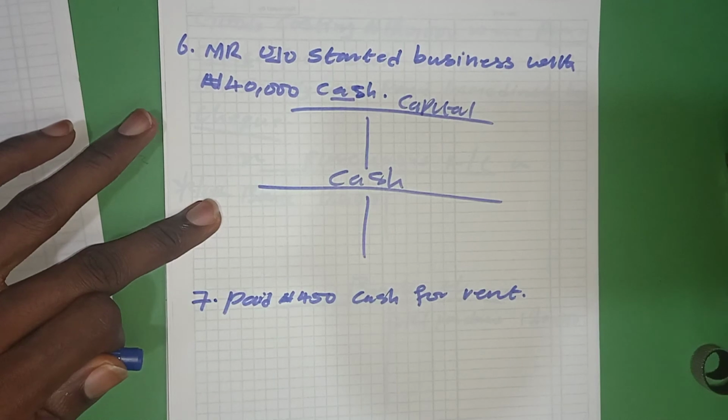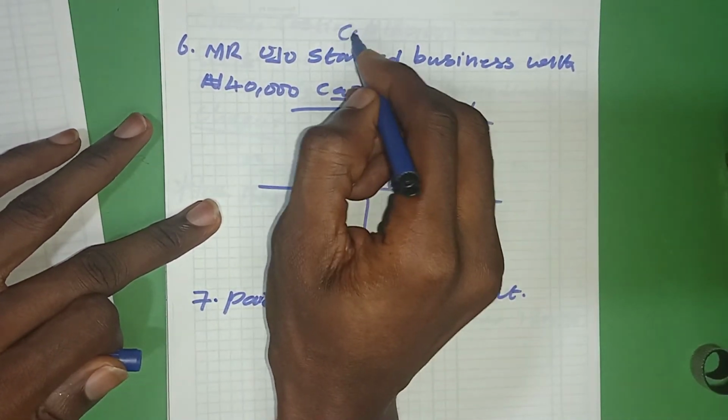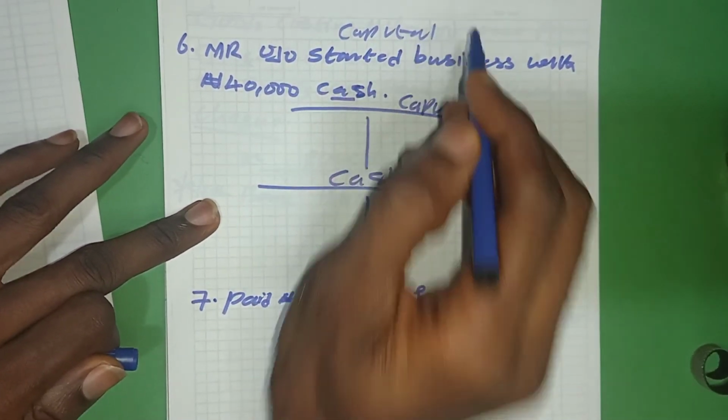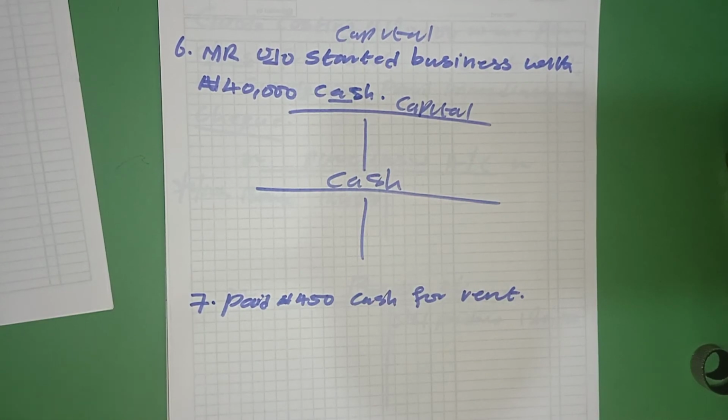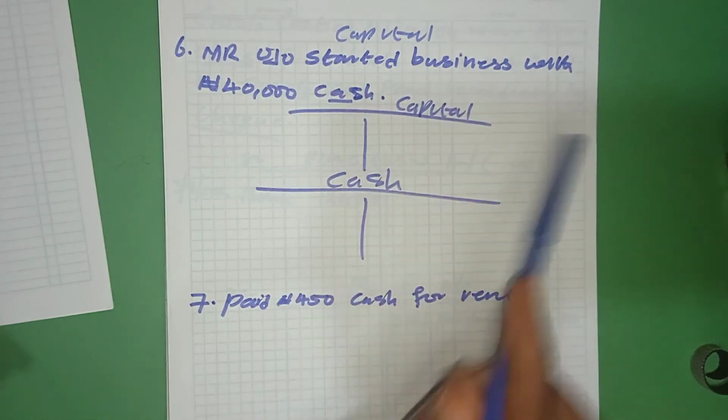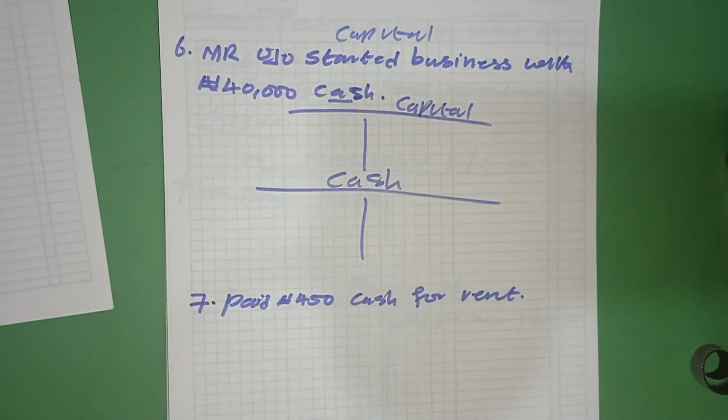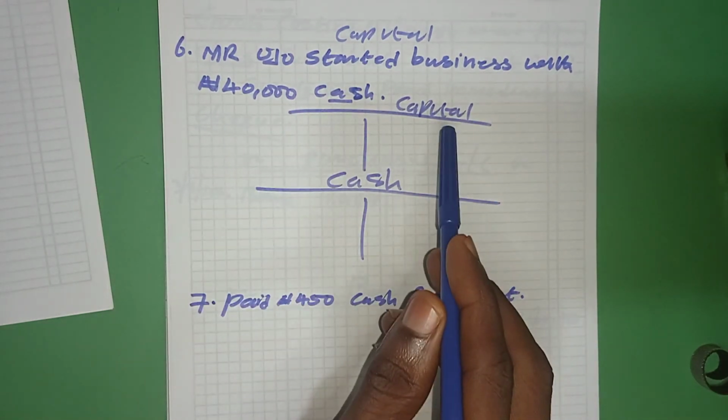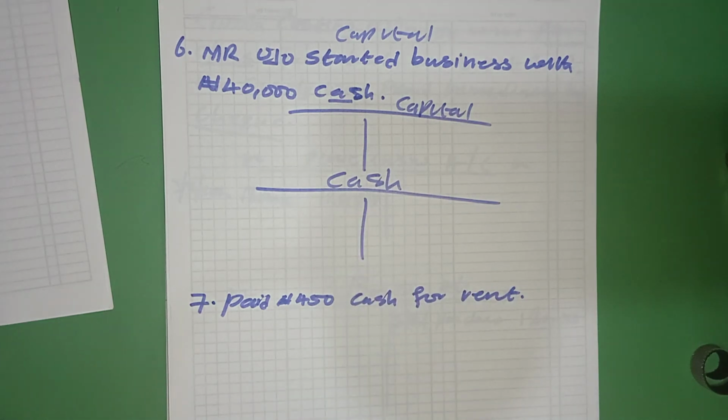When you start a business with money, it is called capital. You understand? The money used in starting a business is called capital. So the two accounts there are capital and cash.